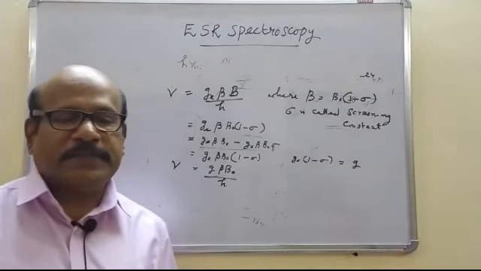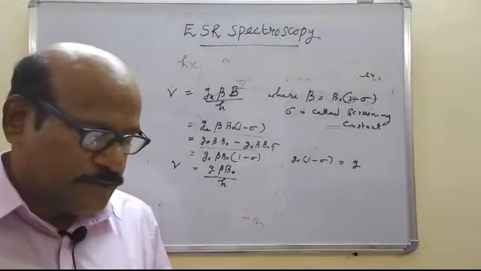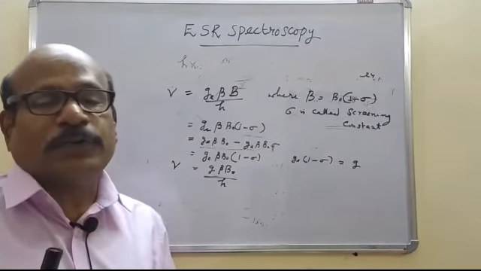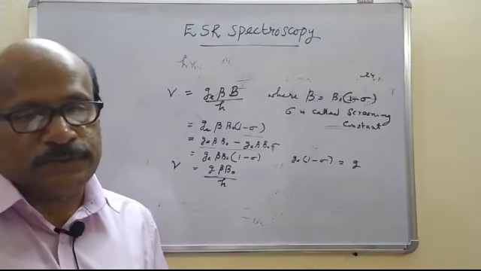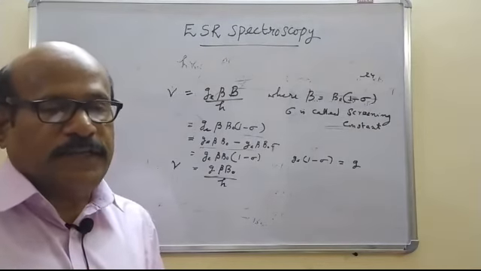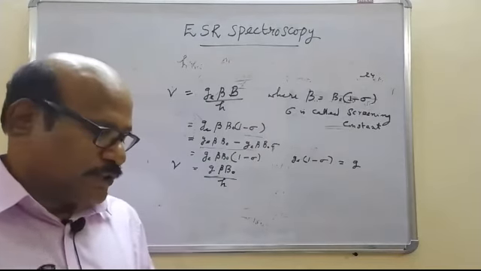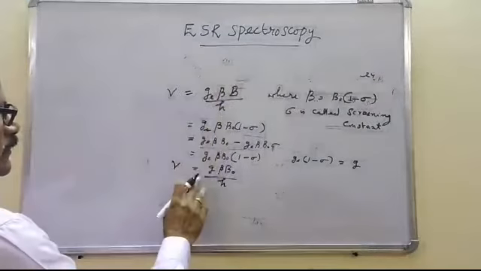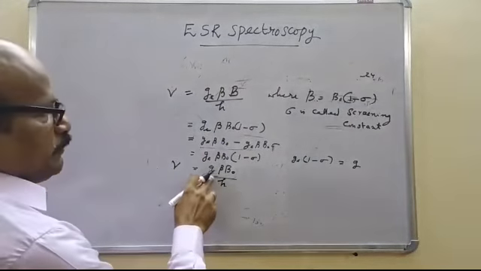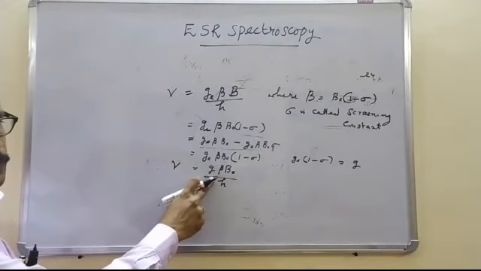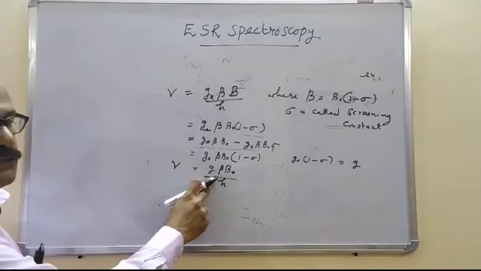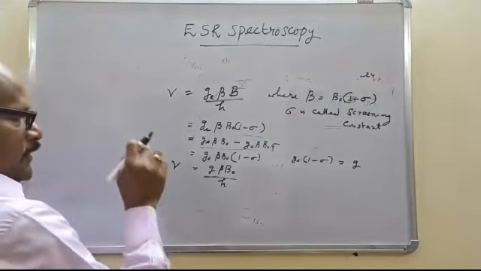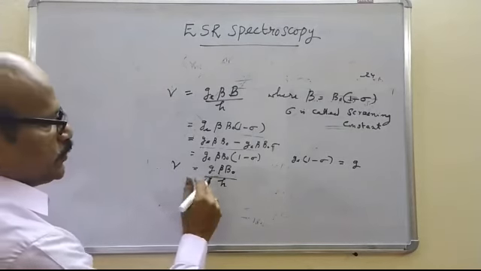And I have already mentioned, for a free electron, the g value at which absorption takes place is 2.0023. So in an ESR spectrum, the position of the absorption line is represented by means of the g value.